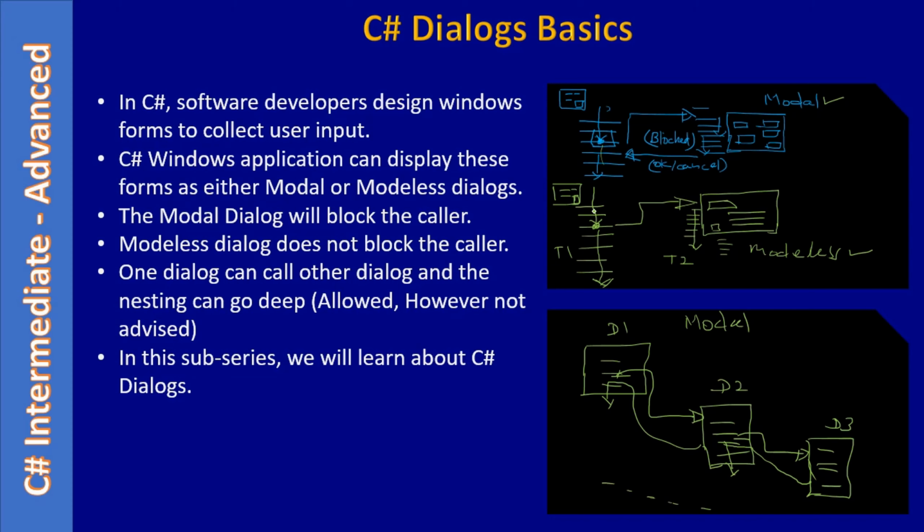I mean, the calling dialog is not disturbed by launching the modeless dialog. A user can interact with both. So those two we will see here in this series, and we will still go with form design only, and you will see how we treat that form as a dialog. We will convert that into a dialog so that we can call it as a modal or modeless dialog.